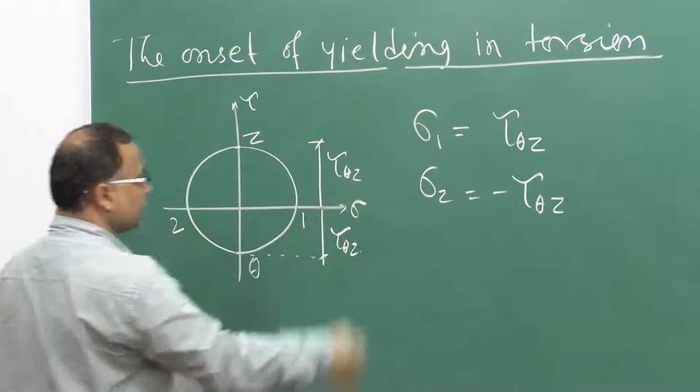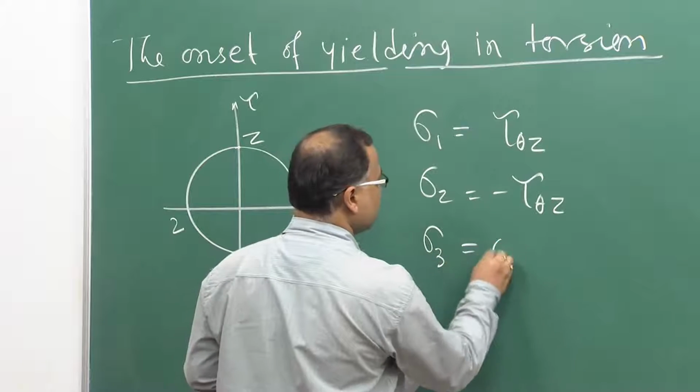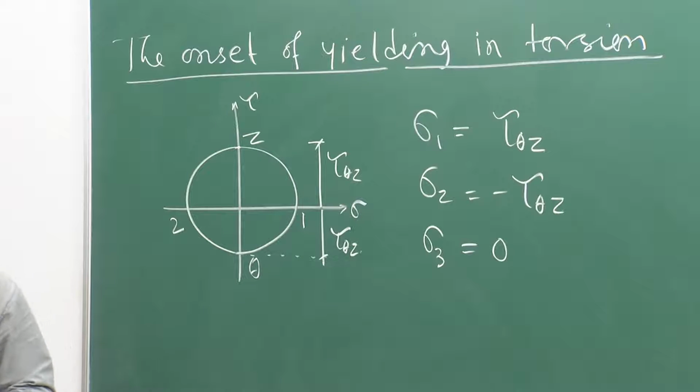That is the radius of the Mohr circle, and sigma 3 is obviously 0, because we are talking about the planar stress. So, sigma 3 is 0.